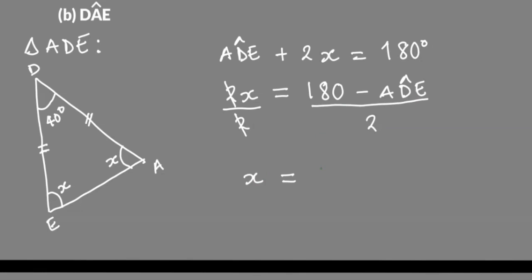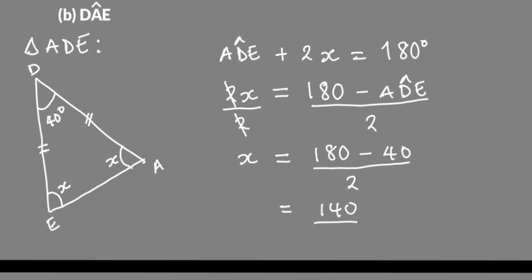So x is going to be 180 minus ADE, which is 40, divided by 2. Notice this is a paper 1 question. Refrain from using the calculator, because if you get used to it, you won't have it in your exam. What you can do is forget about the zeros at the end there. Just say 18 minus 4, which is 14. And then we put back the 0, which is going to give us 140.